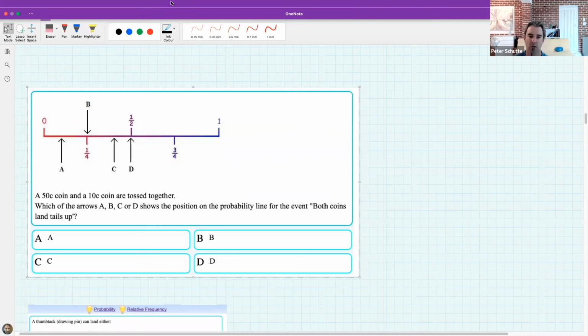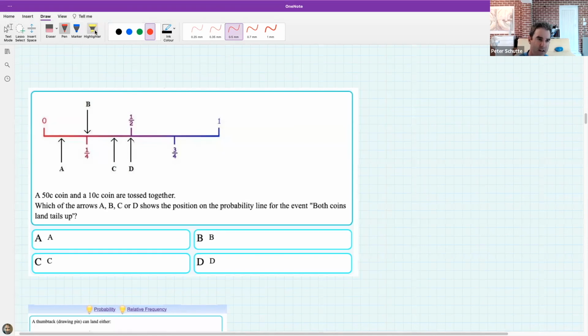So you're thinking about the event, both coins land tails up. Which arrow points to the correct probability for that?